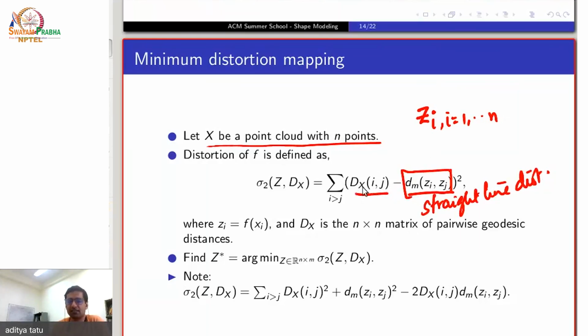Okay, so ijth entry of this matrix Dx. And of course, both of these are symmetric, right? It doesn't matter whether it is Zi Zj or Zj Zi. Similarly, Dx ji and ij is the same. So we can sum this up over all i's greater than j. Make sense?